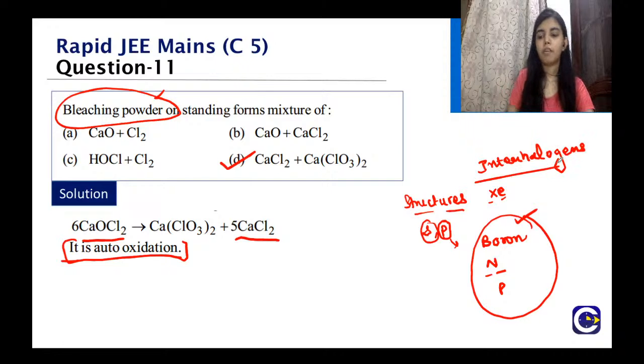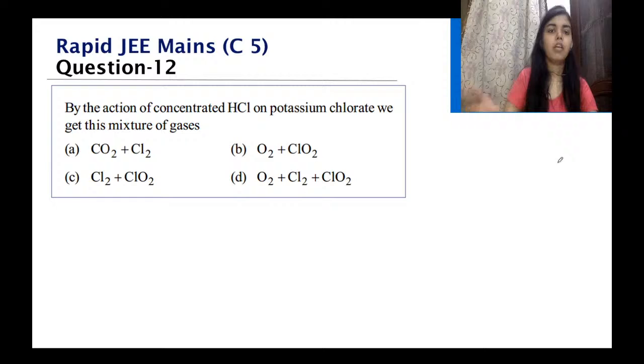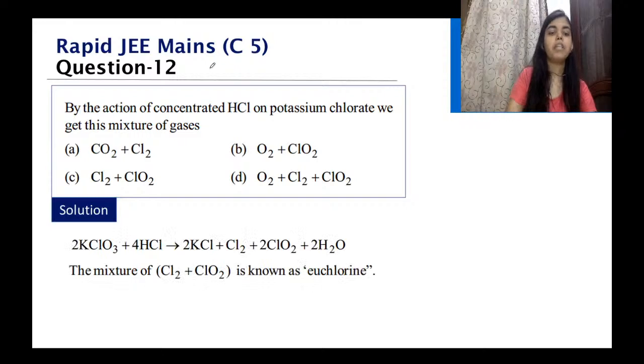Question number 12. By the action of concentrated HCl on potassium chlorate, we get the mixture of gases as. Potassium chlorate is KClO3. On reaction with conc HCl, it produces KCl, Cl2, ClO2.